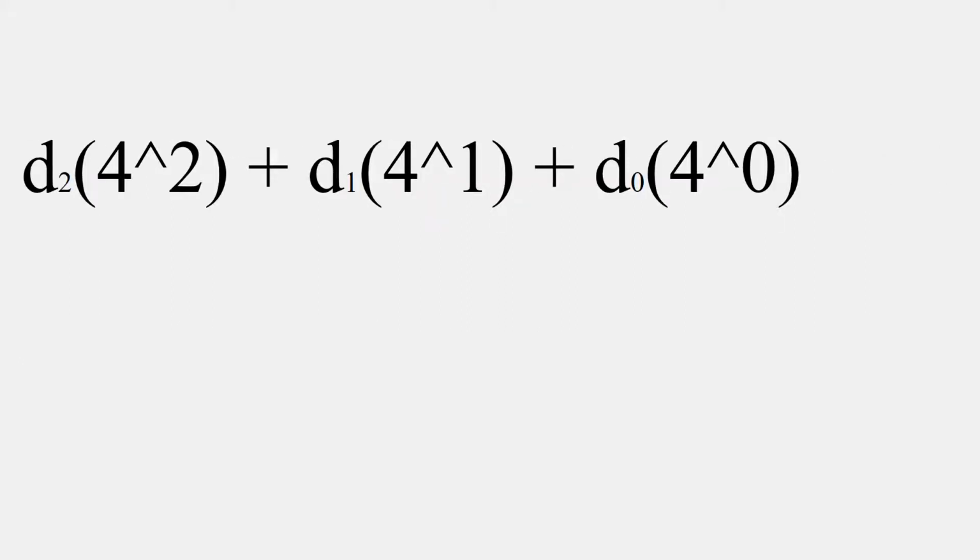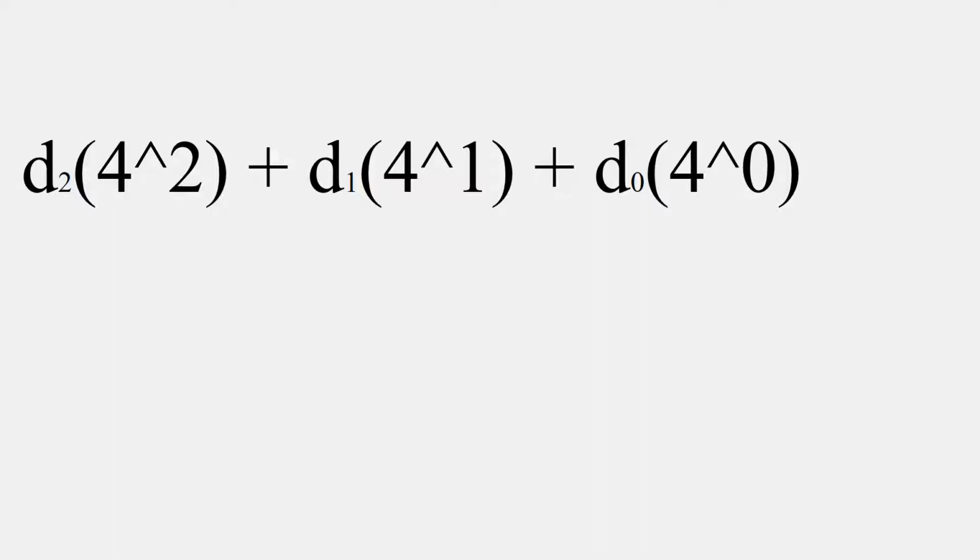To prove this, we expanded the notation, and so we did d2 times 4 to the second plus d1 times 4 to the first plus d0 times 4 to the 0. And this would actually be d2 times 16 plus d1 times 4 plus d0 times 1.